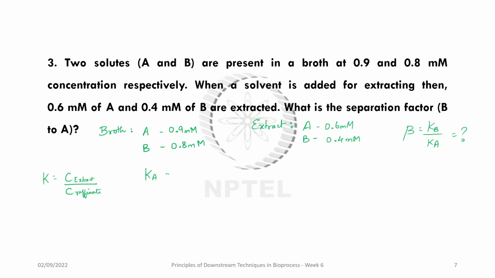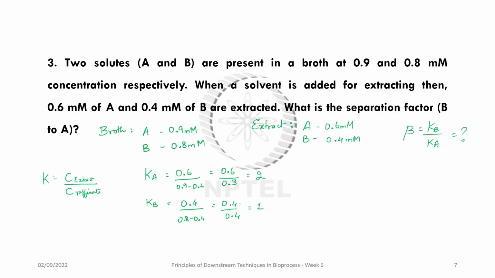Okay, so Ka is equal to 0.6 divided by 0.9 minus 0.6. That would be 0.6 by 0.3, which is 2. And Kb is equal to 0.4 divided by 0.8 minus 0.4, which is 0.4 by 0.4 equal to 1.